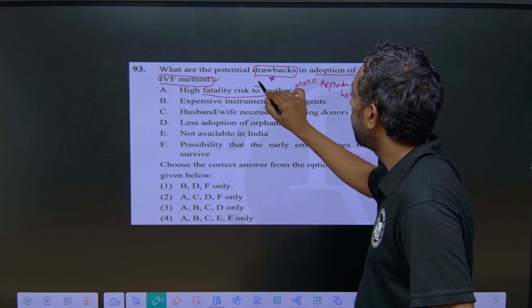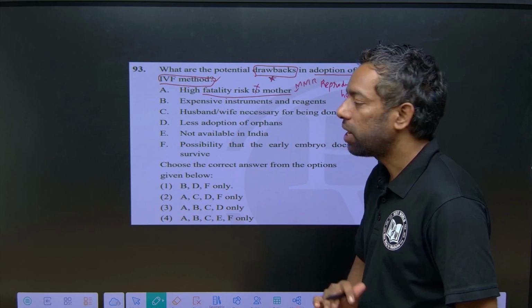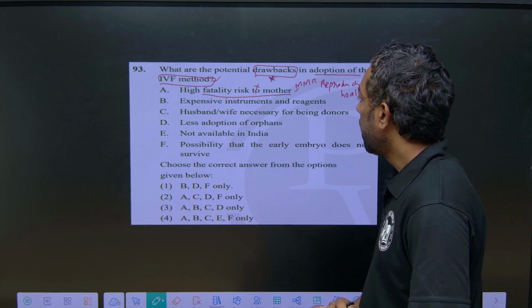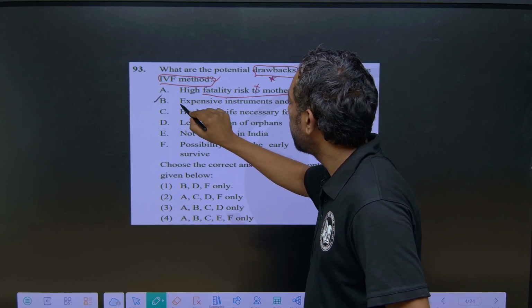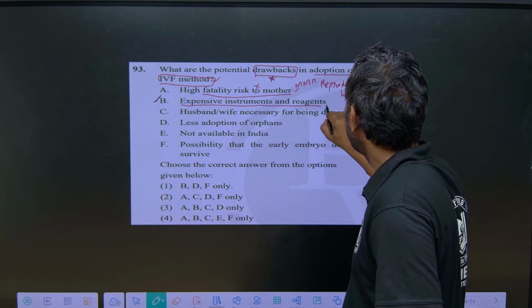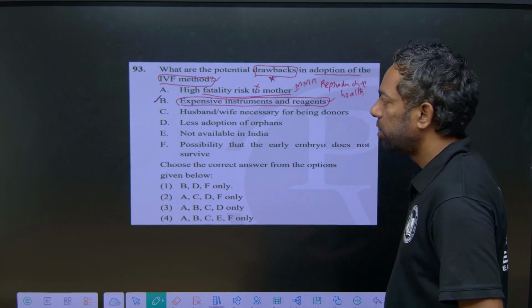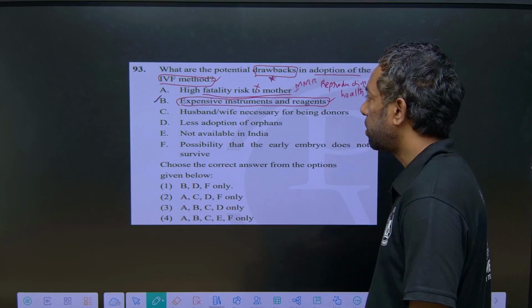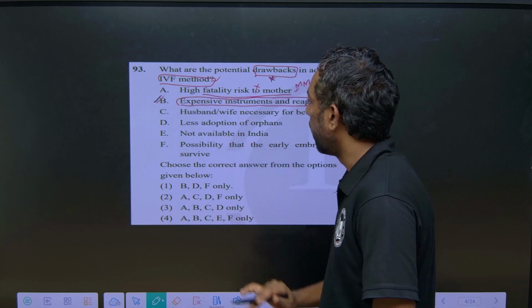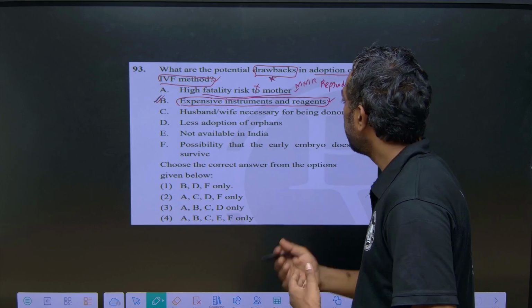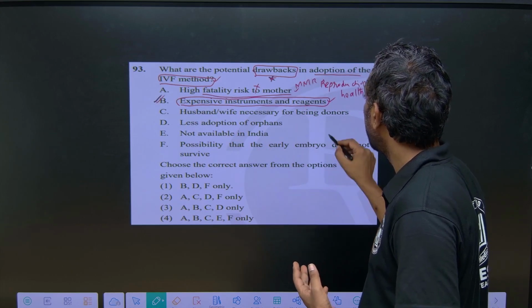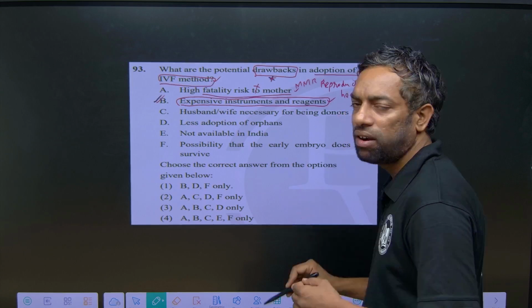No, this is not a drawback of this method. It is obviously expensive; the Indian middle class cannot afford it, so it is quite expensive. Next, husband and wife are necessary as donors? No, there is no need for husband and wife.